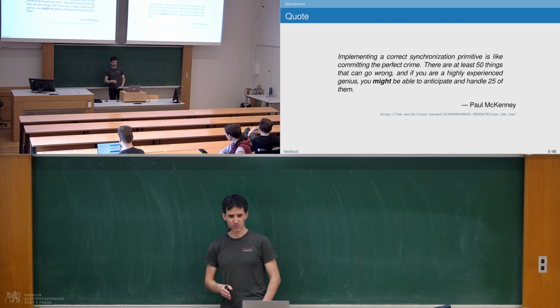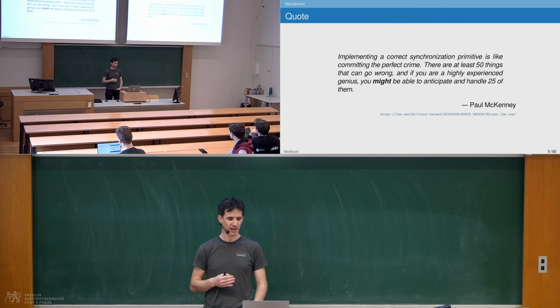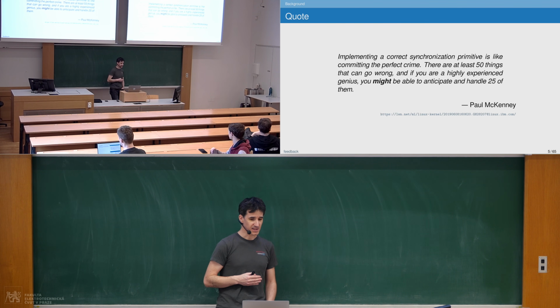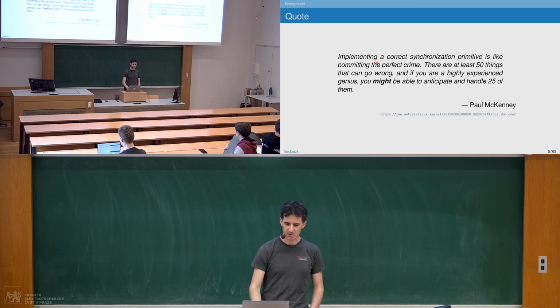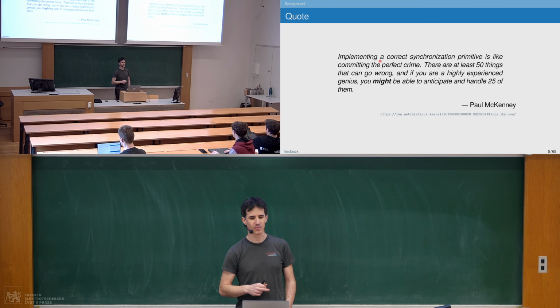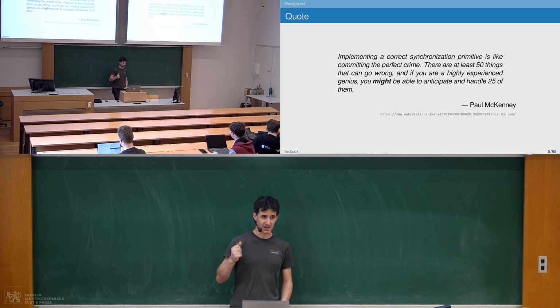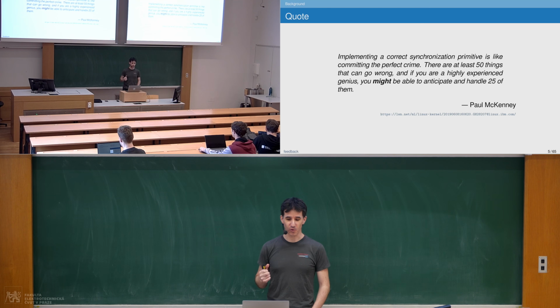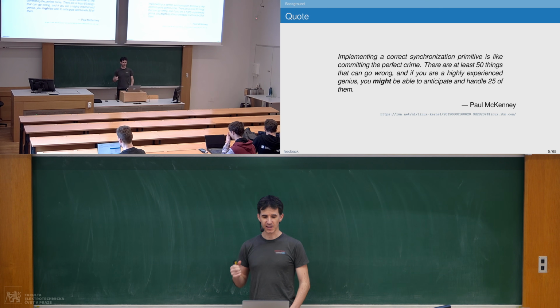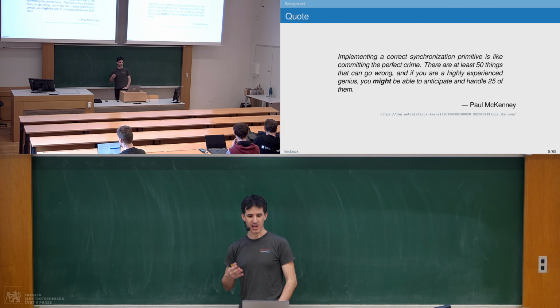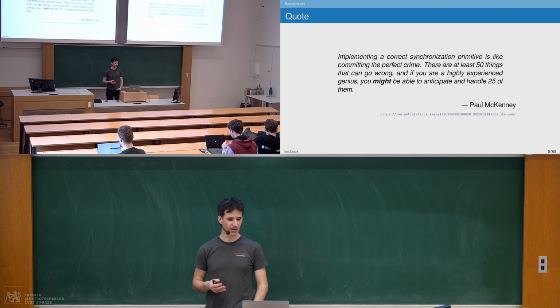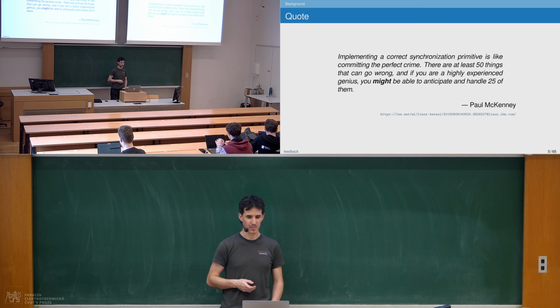And this guy, who is responsible for this technology, says that implementing a correct synchronization primitive is like committing the perfect crime. There are at least 50 things that can go wrong, and if you are a highly experienced genius, like he probably is, you might be able to anticipate and handle 25 of them.